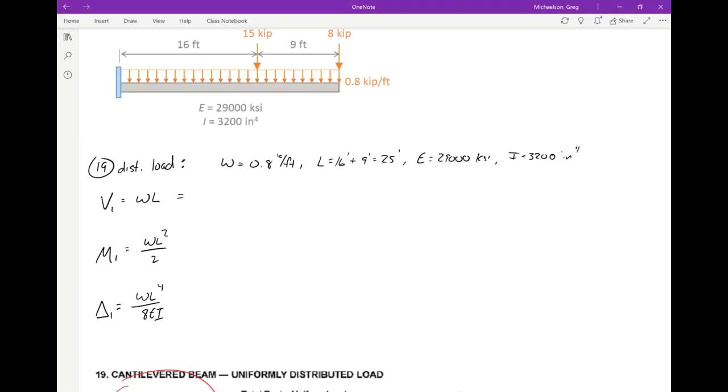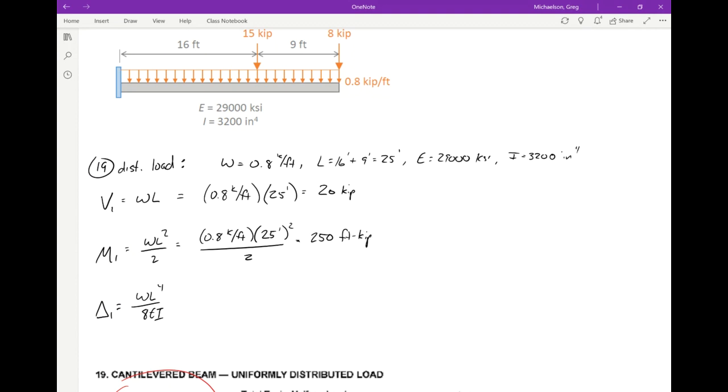So this is WL, so this is 0.8 kips per foot times 25 feet. And so when you chug that out, 0.8 times 25 is 20 kips. M1 is 0.8 kips per foot times 25 feet squared over 2. And that comes out to be 250 foot-kips.